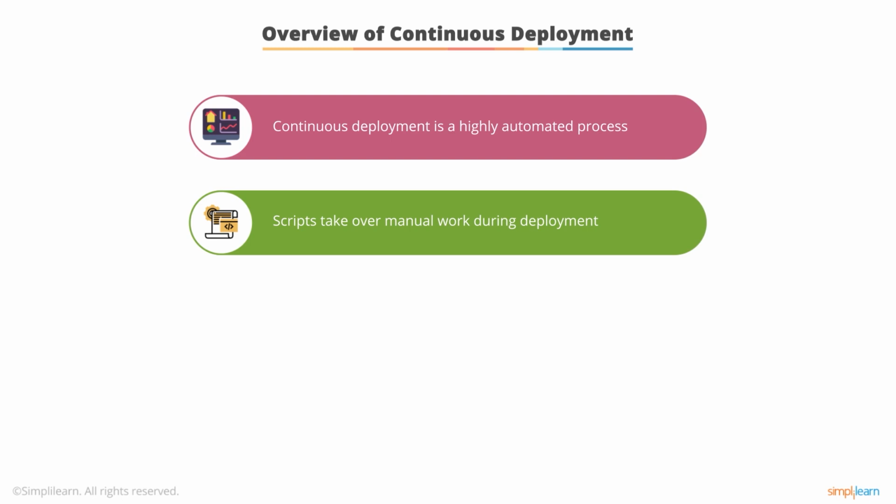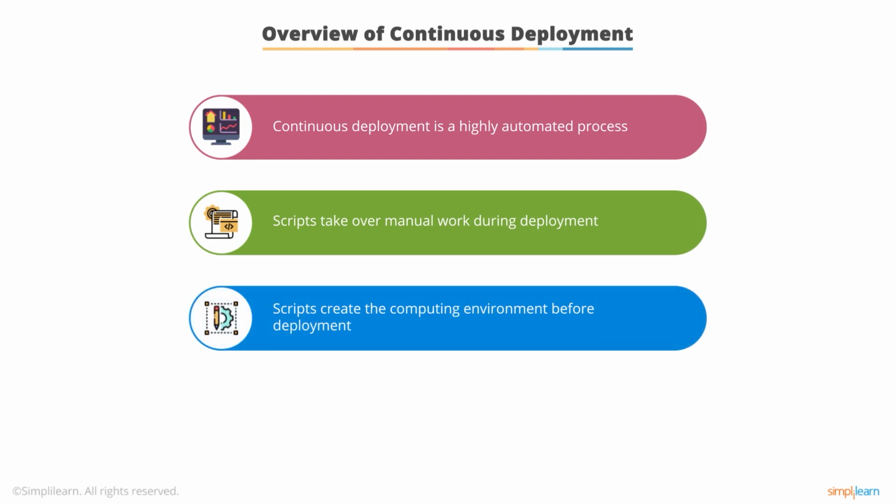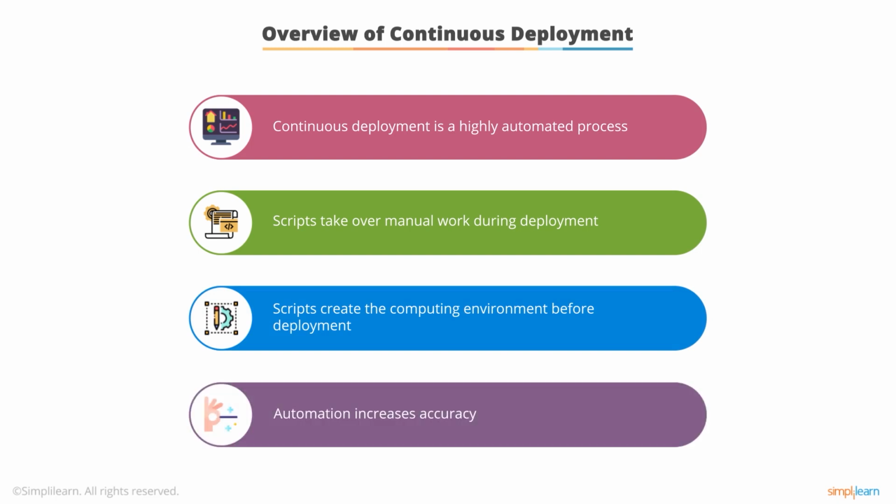Not only does automation copy code from one computing environment to another, the scripts will actually create the computing environments that need to be in place before you can move the code along. Automation reduces the time it takes to get code from developer to end user and increases the accuracy of the code that's being produced. Continuous deployment makes sure that the right code is in the right place at the right time.